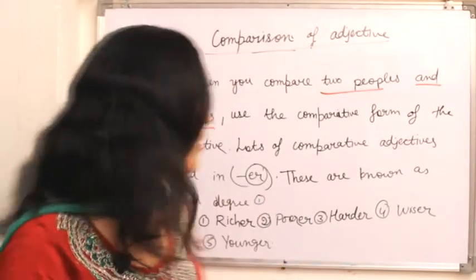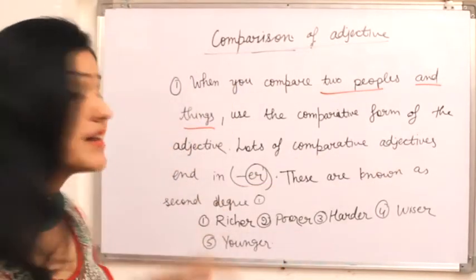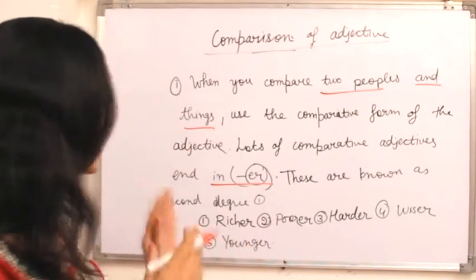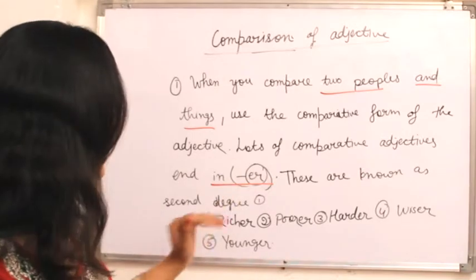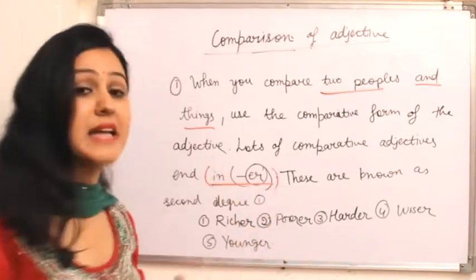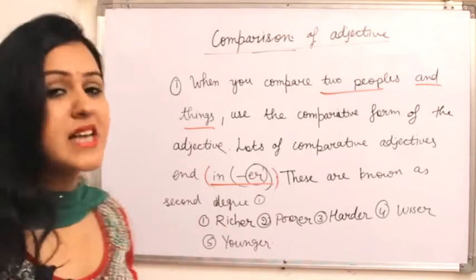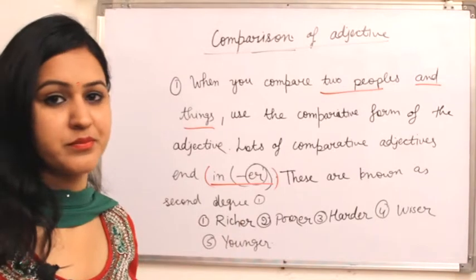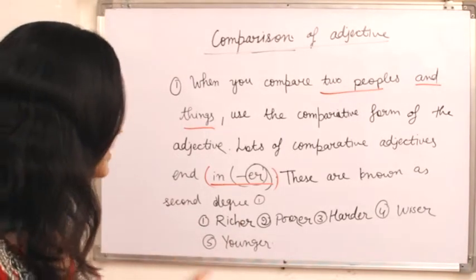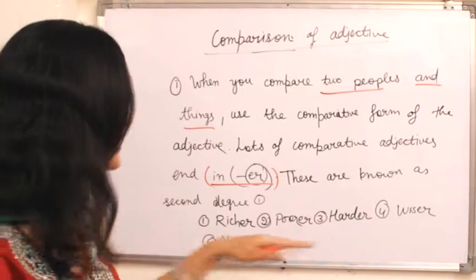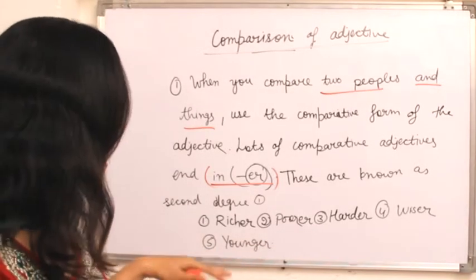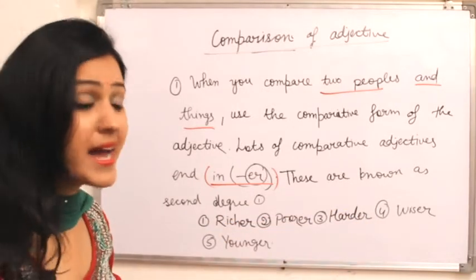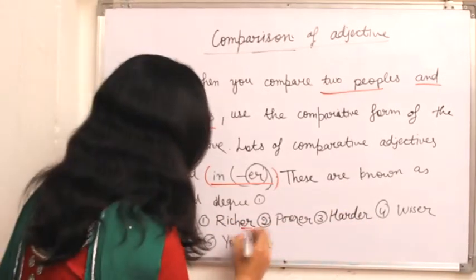Lots of comparative adjectives end in er. These are known as second degree. In the first degree I write rich, poor, hard, wise, and young. But now I write richer, poorer, harder, wiser, and younger. Why? Because this ends in er.